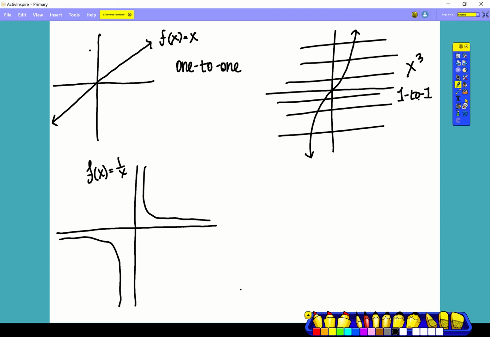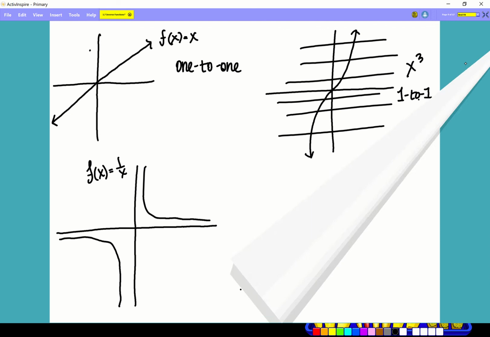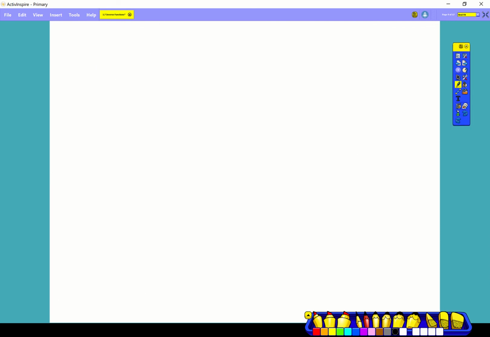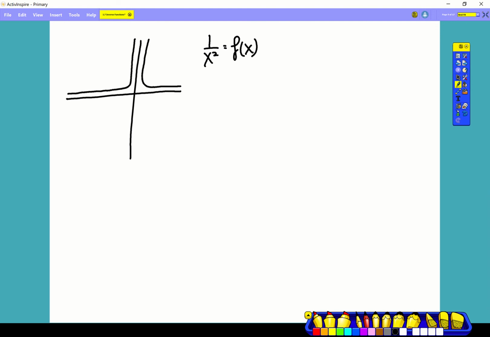Now, let's get a new page. There we go. Now let's take the reciprocal squared, the square reciprocal. Remember this one? No matter what I do, I will get 2 points.